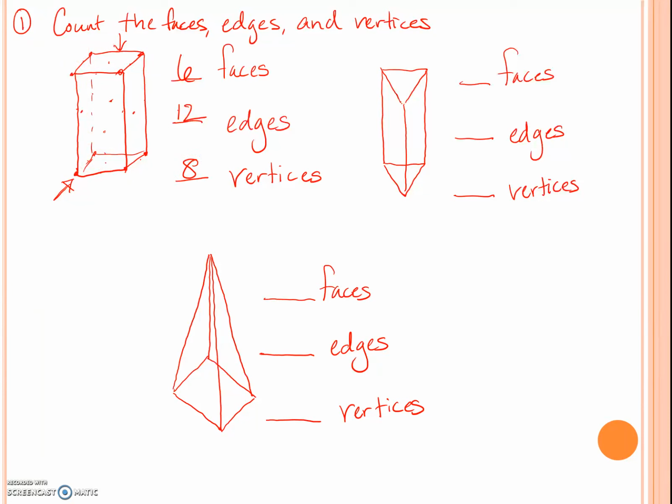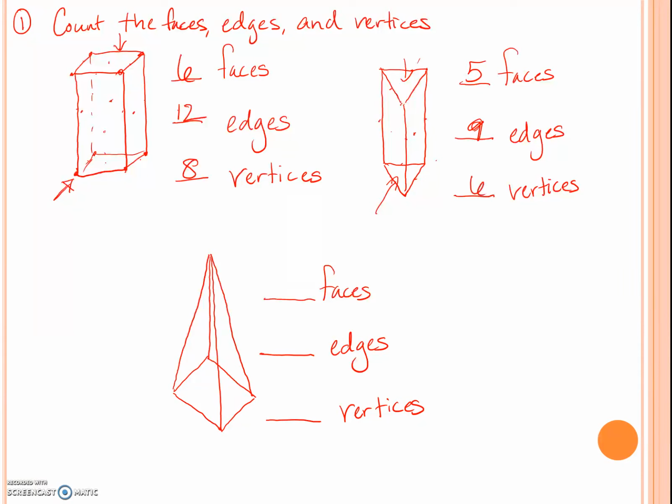8 vertices. All right, let's go over here to our triangular prism and count how many faces, edges, and vertices we have. So we have 1 face here. We have another down here. So 1, 2, 3, 4, and then we can't really see that back one, but 5. 5 faces. Let's start over here on the side: 1, 2, 3, 4, 5, 6, 7, 8, 9 edges. And we have 1, 2, 3, 4, 5, 6 vertices.